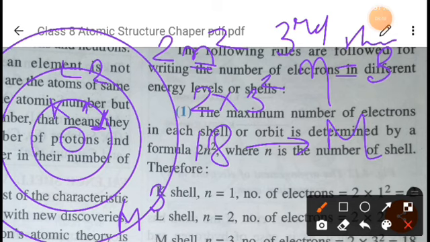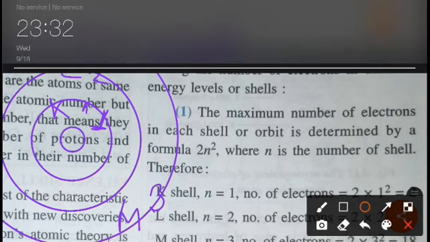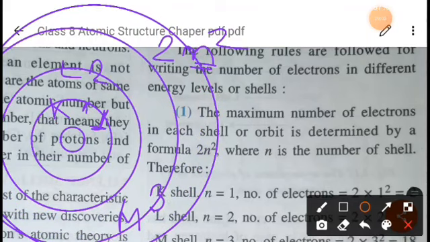Now again, when we talk about the N shell, after the M shell, let me draw here, sorry. Suppose this is the N shell here, this is our N shell. K, L, M, N, right? N means 4, right?